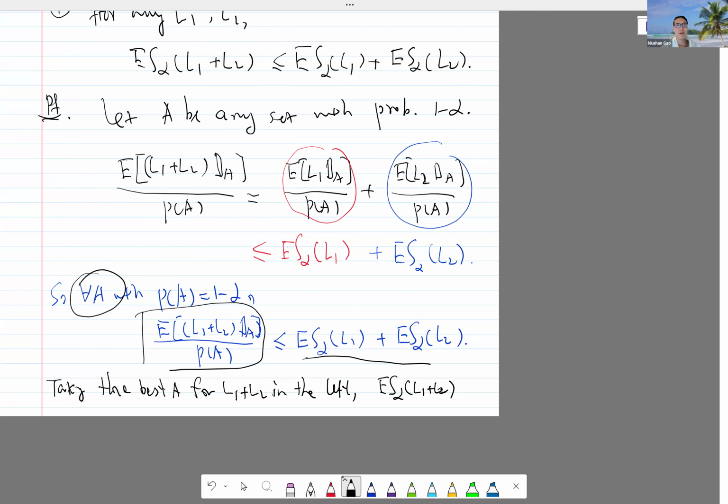The left is true for any A with probability 1 minus alpha, so why don't we choose the best A for L1 plus L2? L1 plus L2 is a random variable, so that is a conditional expectation on A for L1 plus L2. Now I choose the best A for the sum, and it becomes expected shortfall. But for whatever A, it is still less than or equal to this one, right?